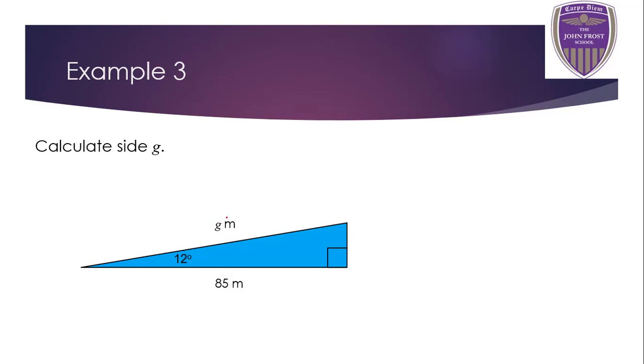Okay, and if you label the triangle again then, you get HOA. So the old SOHCAHTOA again if we have to. SOHCAHTOA. This time again now we've got A, but we want to find H. So it's going to be cos. So cos 12 degrees, but cos is A over H. So that's 85 over H. Again, the unknown's on the bottom.